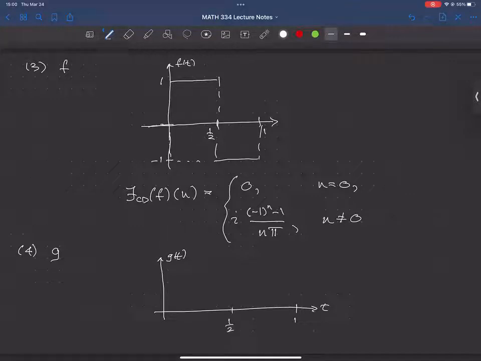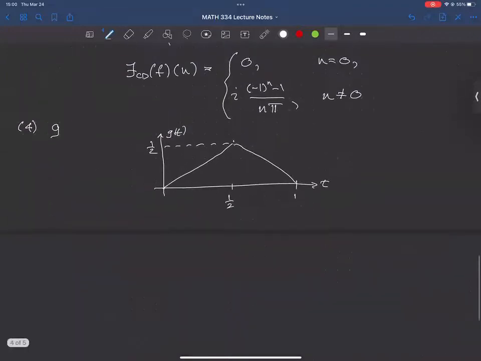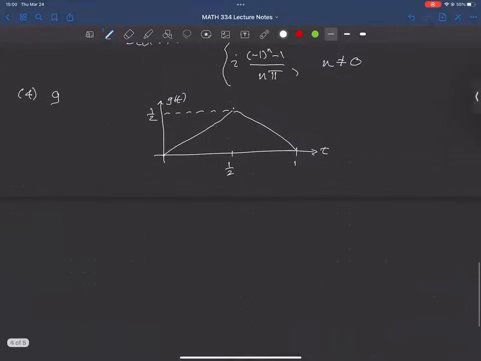It goes from 0 to a half between 0 and a half, so it goes with slope 1, and then back down to 0 with slope -1.